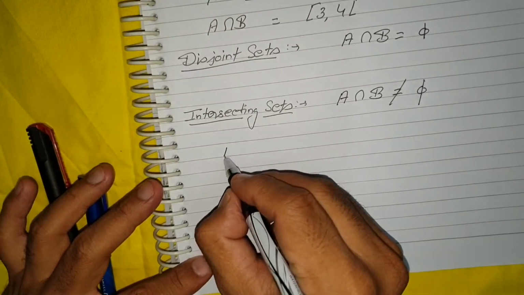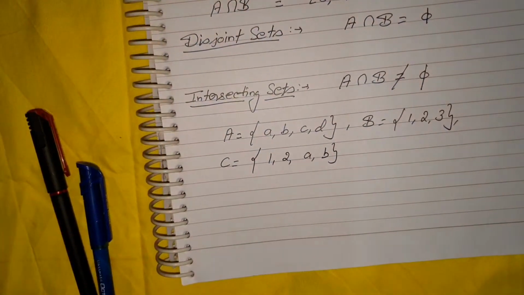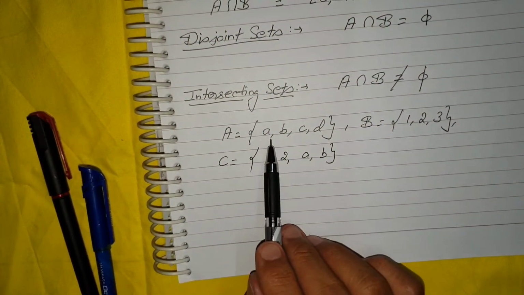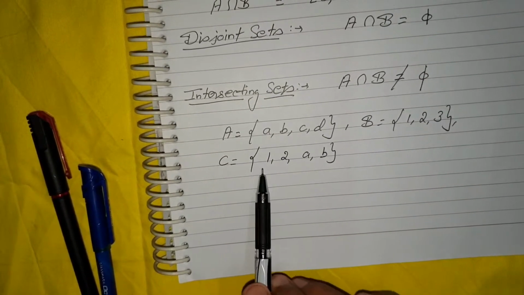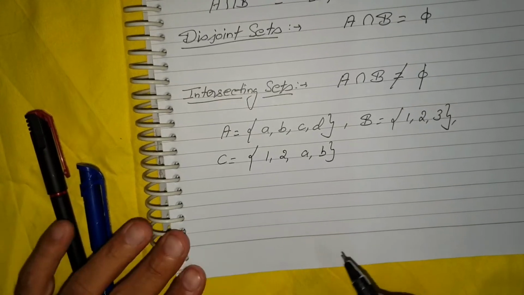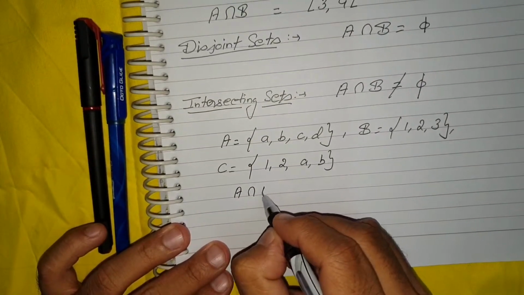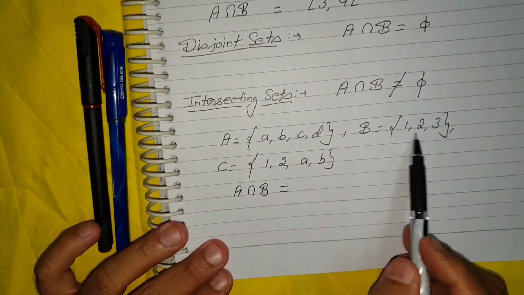Now just take an example. We can take set A as {a, b, c, d}, B as {1, 2, 3}, and C as {1, 2, a, b}. Now A intersection B: as you can see, there is nothing common in them.